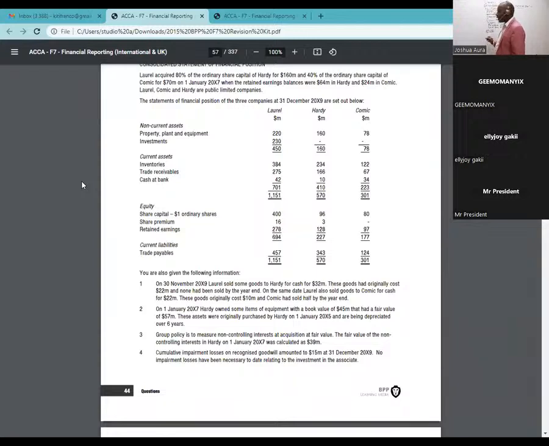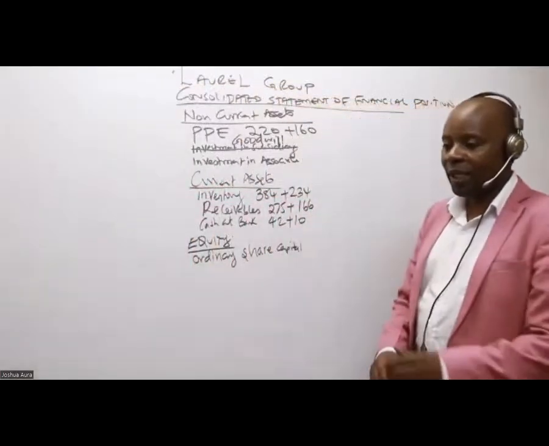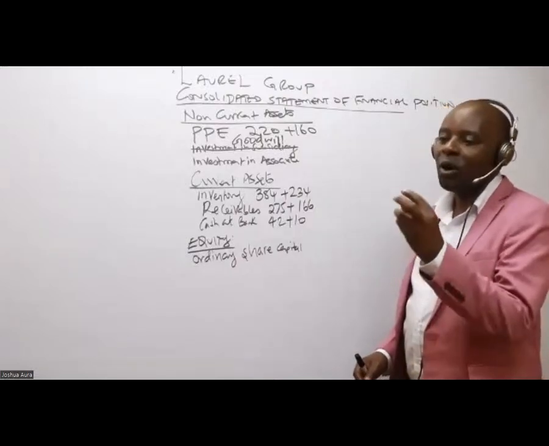I will start with the ordinary share capital. This one is normally a free mark. What do you know about ordinary share capital for group consolidated accounts? Anybody who has an idea? I shall always pick the parent only figure.